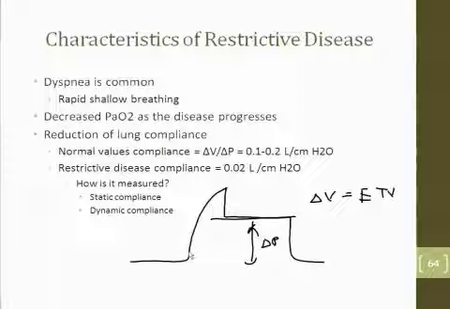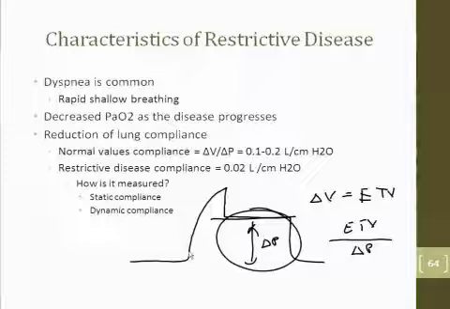So you do your expiratory tidal volume over your delta P in your plateau phase, and that's your static compliance. It's a pretty easy way to do it, and you can do that on any machine as long as you have a plateau.